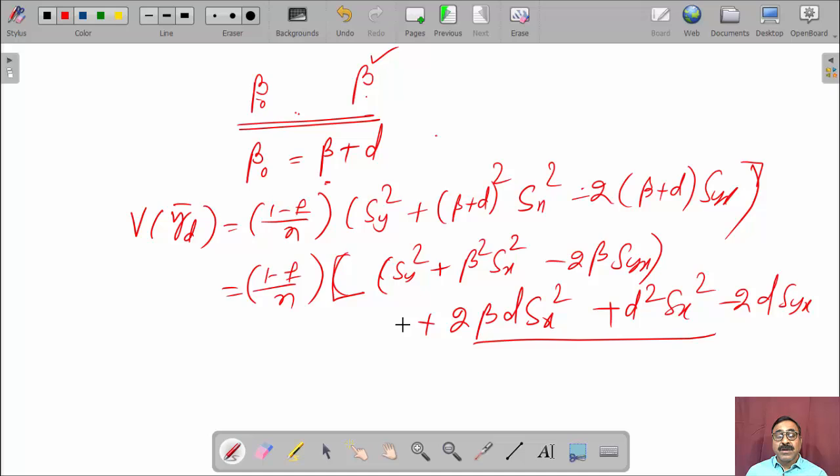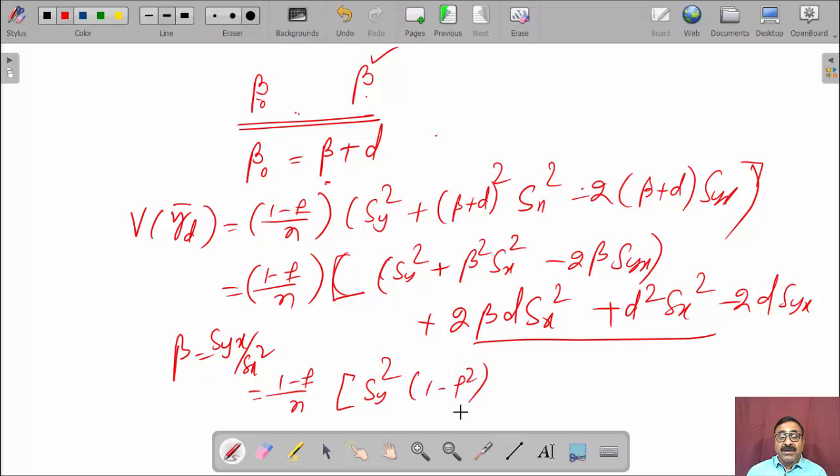Now if we use β equal to syx by sx², that means the population regression coefficient of y on x, this variance will be equal to (1 − f)/n times [sy²(1 − ρ²) + d² sx²].